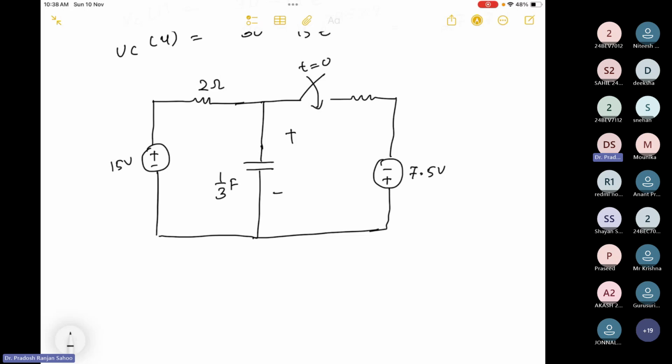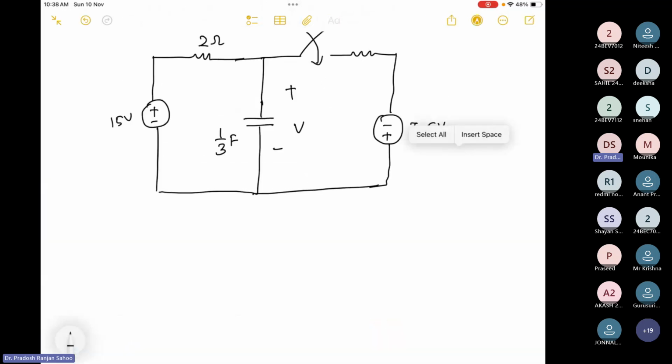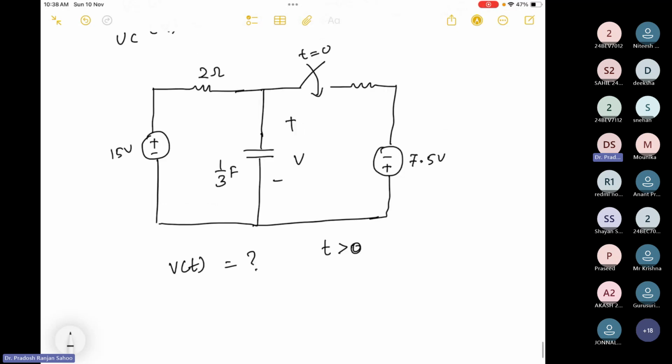They are asking what is V. The question is to find out V of t at t greater than 0. So write down the question here.